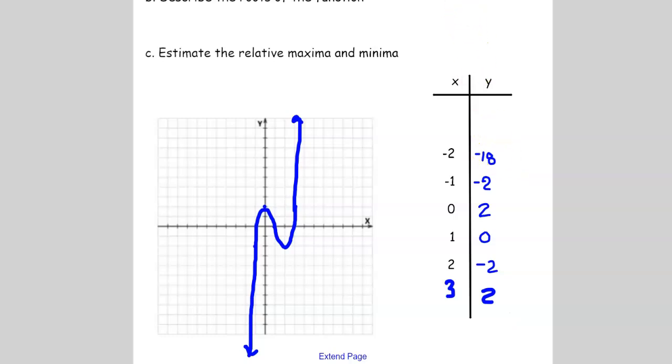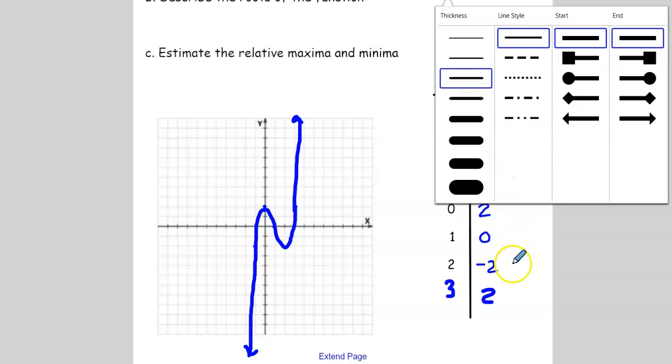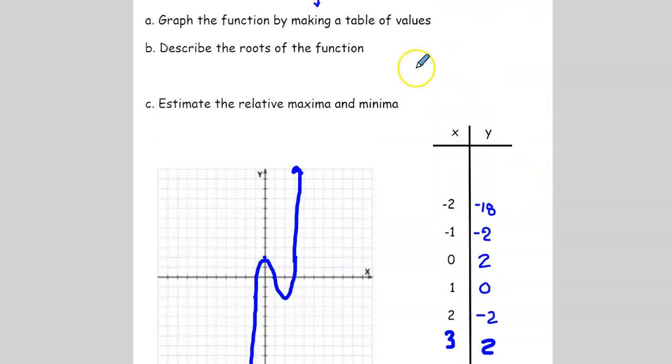Okay? So let's go back up here and let's answer some of the questions that we have. If we are looking at describing the roots of the function. Okay, well, remember real roots are where we cross our x-axis. So I have 3 real roots we could talk about, right?